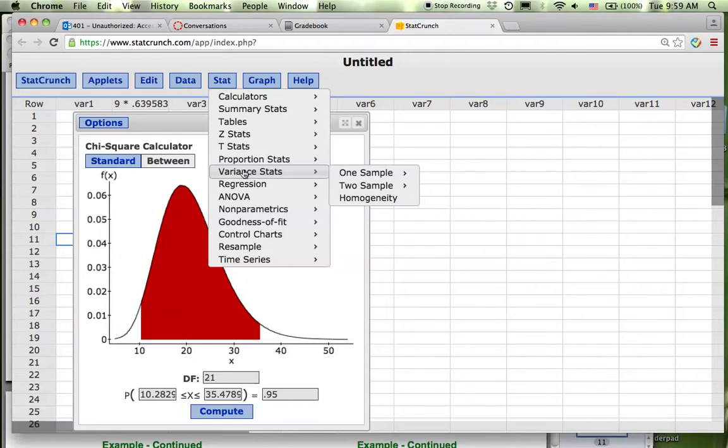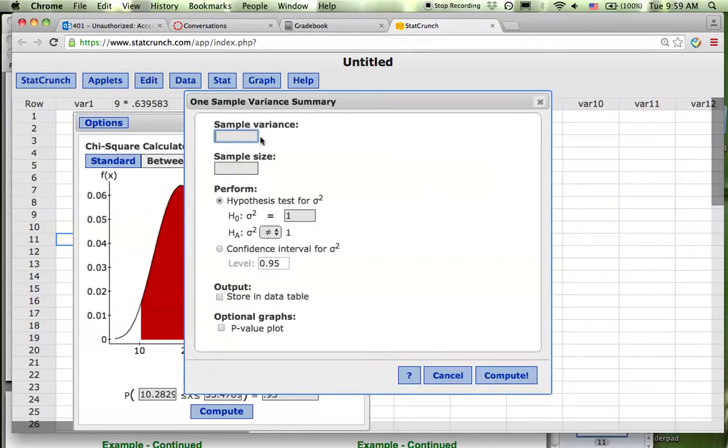One thing is they don't really have the standard deviation stats, so you have to go to the variance stats. It's one sample with summary. You need to provide the sample variance, but what you are given is the sample standard deviation.